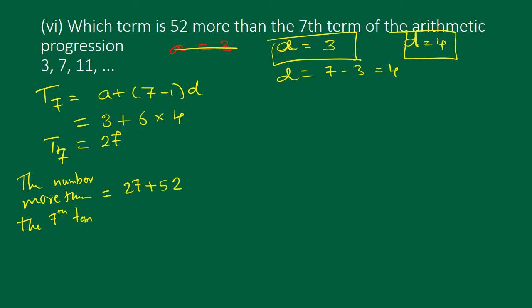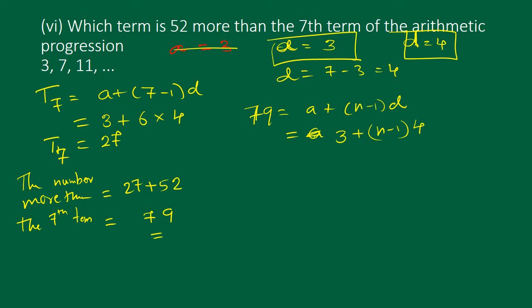You get 79, and you have to find out which term is 79. So 79 is equal to a plus n minus 1 into d, which is 3 plus n minus 1 into 4.